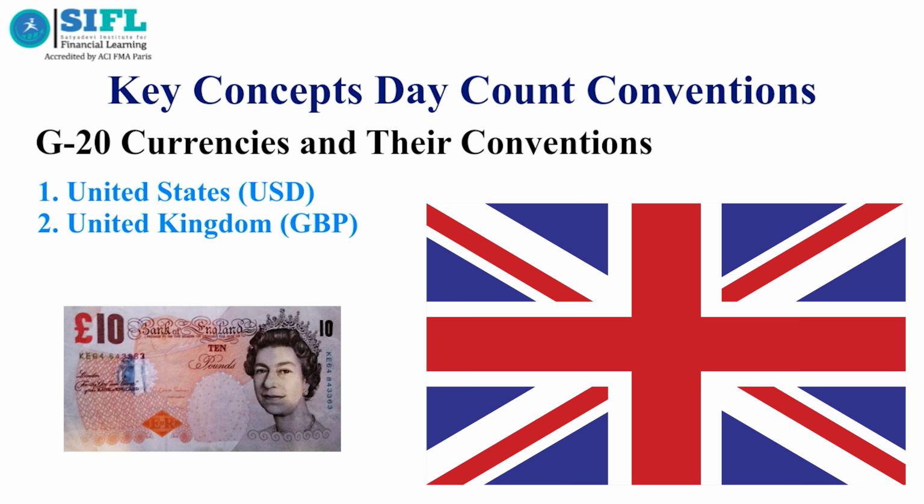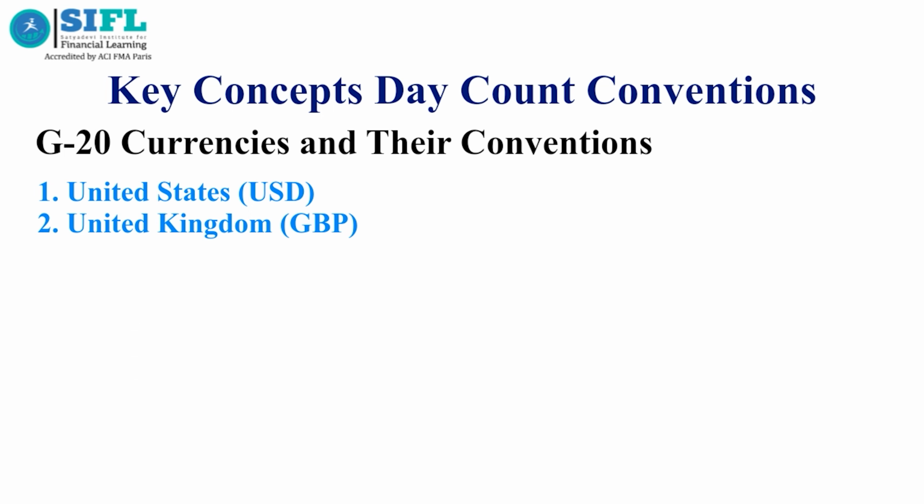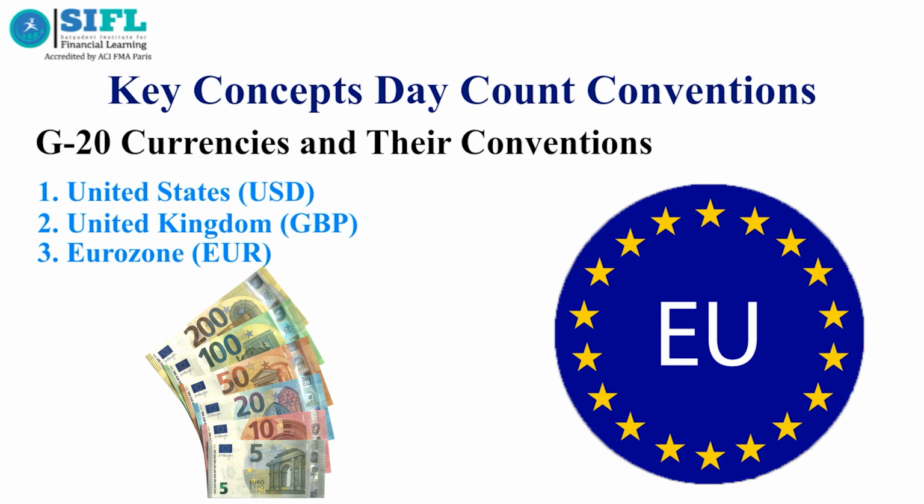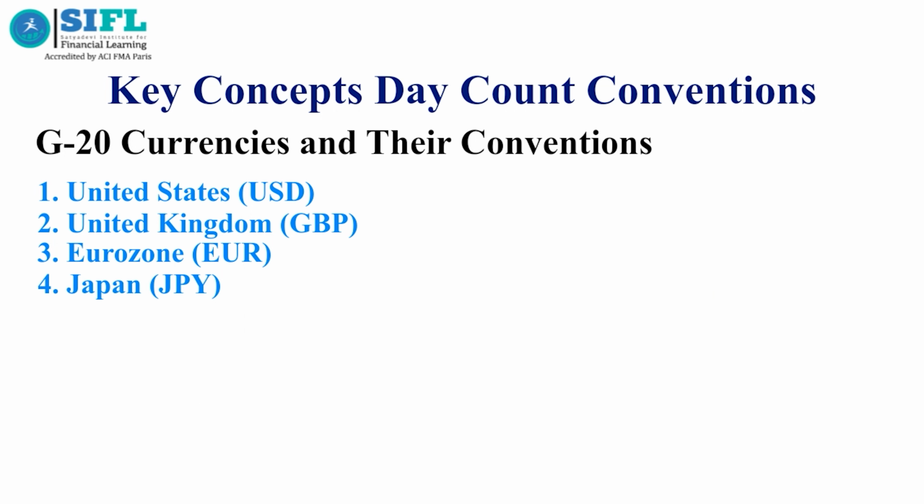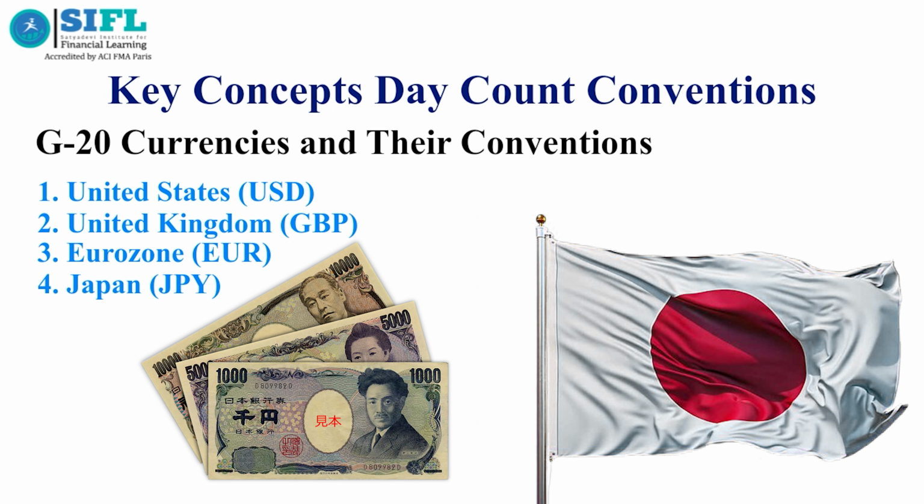Used for money market instruments. 3. Eurozone Euro. Convention. Actual by 360. Used for money market instruments. 4. Japan JPY. Convention. Actual by 360. Used for money market instruments.